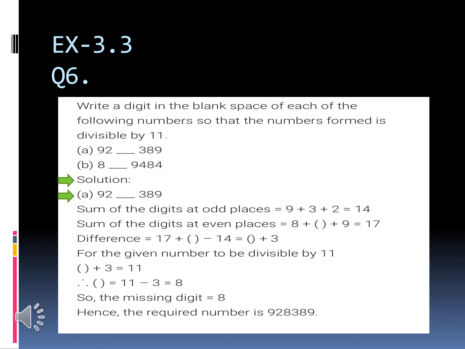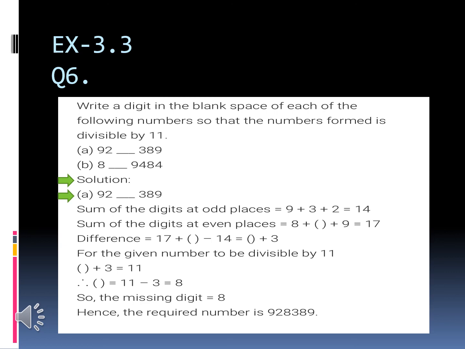Sum of the digits at the odd places. Odd places means the first place, third place, fifth place, starting from the right hand side. So the digits are 9 plus 3 plus 2, right? You have to count the blank as well. 9 plus 3 plus 2, which is 14. Now the sum of the digits at the even places, counting the blank as well.